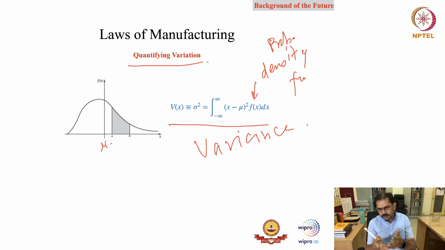So I can say that mean is nothing but, for a given density function, the center of gravity, correct? And so how the mass is distributed with respect to that center of gravity. And you square it just to normalize it, because it could be either side, this side and that side, right? So this is just one measure, or you can say measure of dispersion, right? And it gives me how the mass is distributed, right?